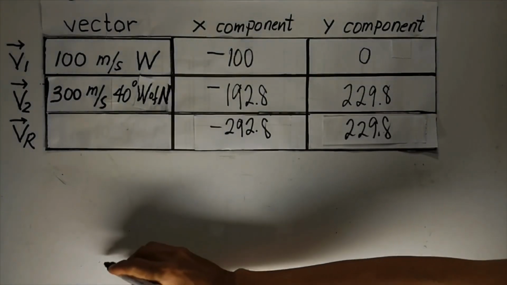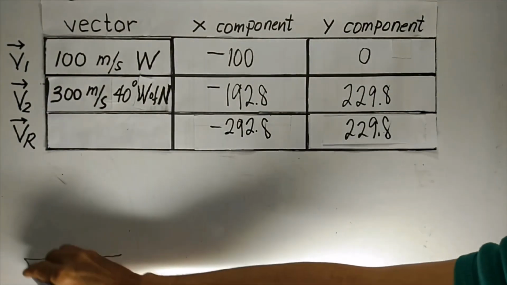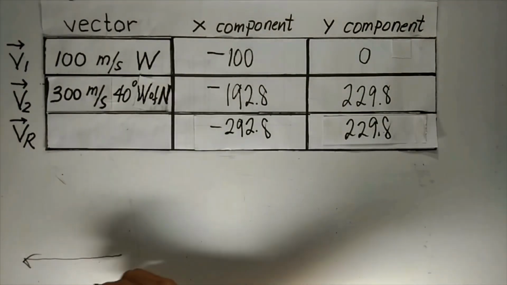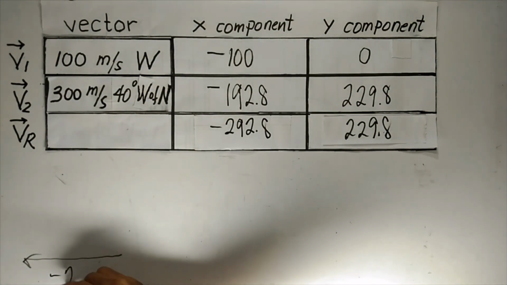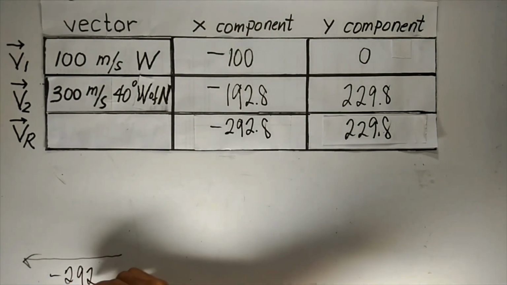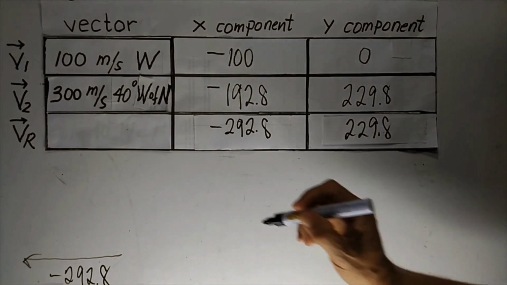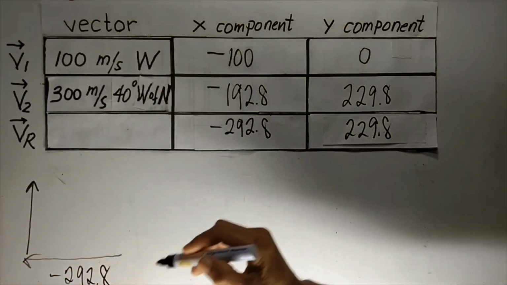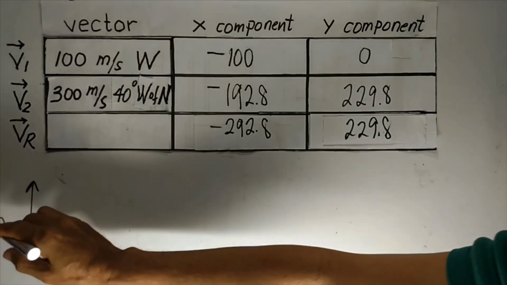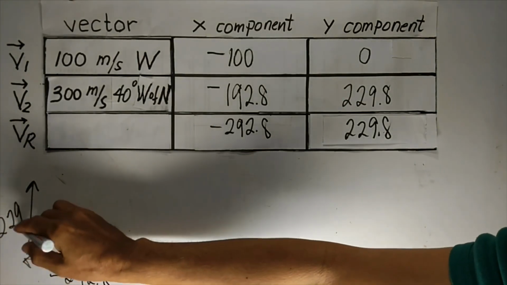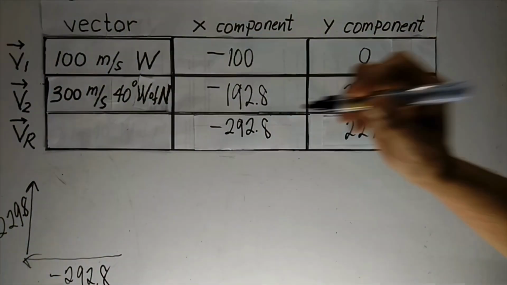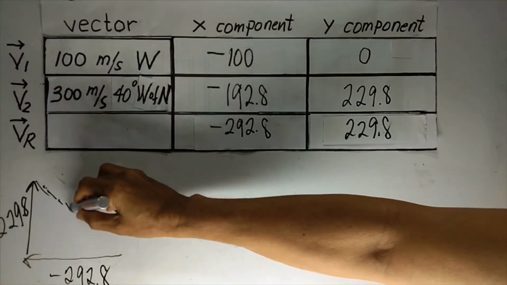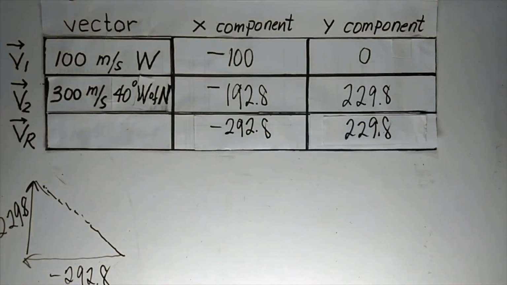So this will be going to the left because it's negative. This will be negative 292.8 and then positive upward. So this is 229.8. Connecting this with a line, we'll be forming a right triangle.